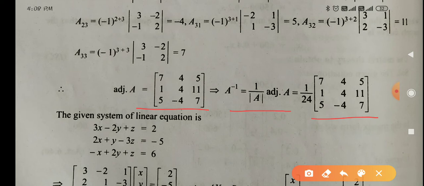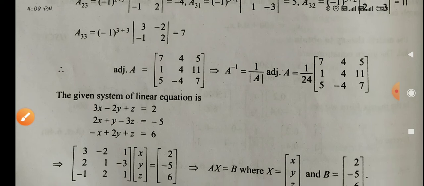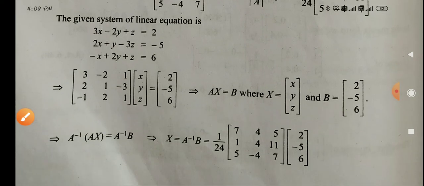Now you have to solve the given system of equations. So in second part, as I told you, first of all, three matrices you make: one matrix of coefficients, one matrix of variables, and one matrix of constants.